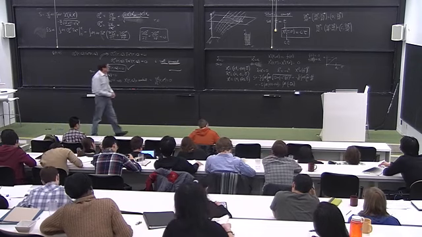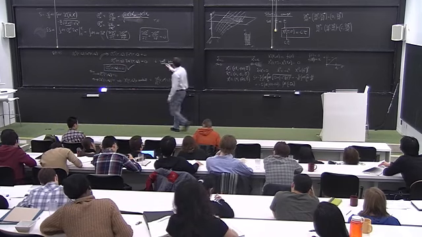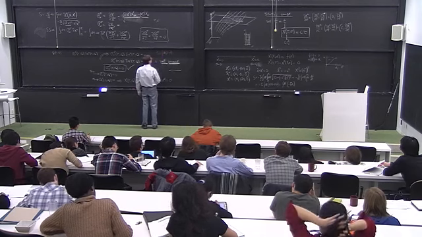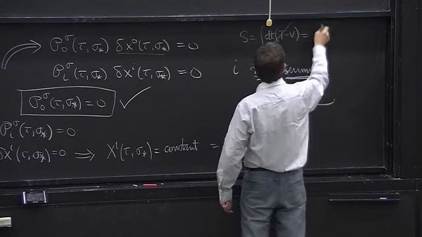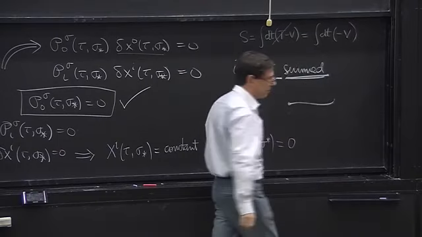Now, what is the action? Action in general is the integral over time of T minus V. If there's no kinetic energy, it is the integral over time of minus the potential energy.